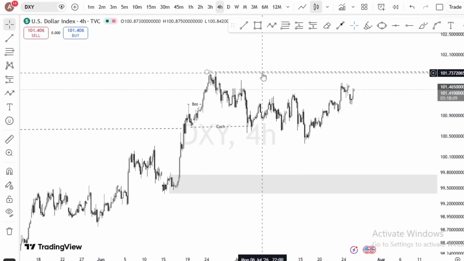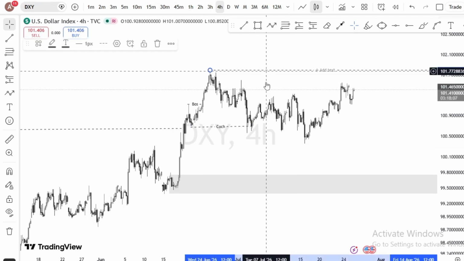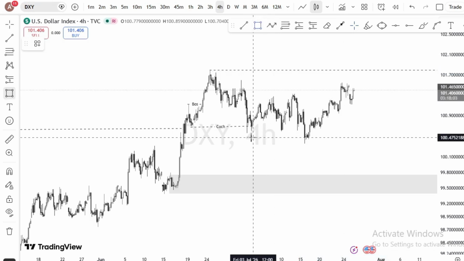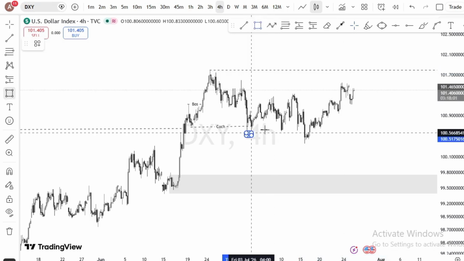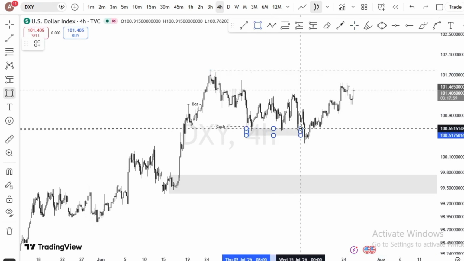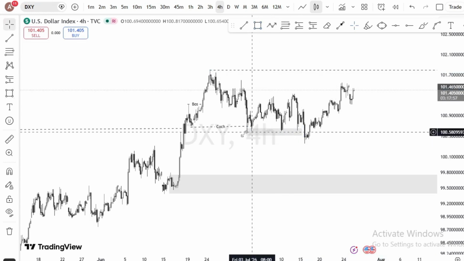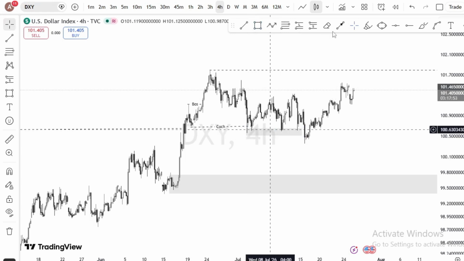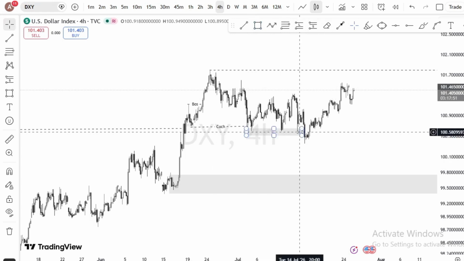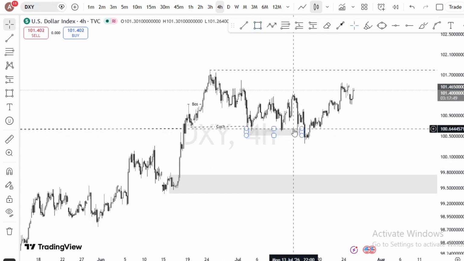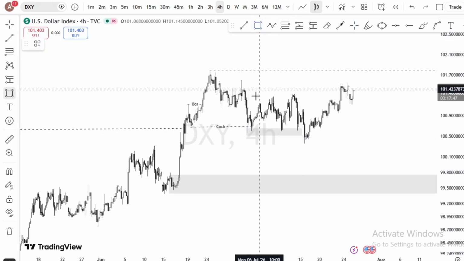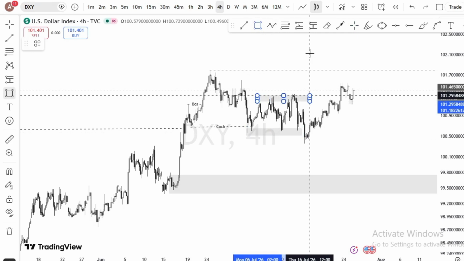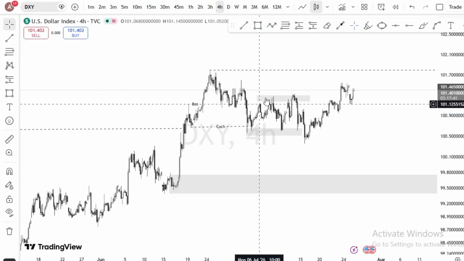If that should be the case, you see that over here after the break of structure we have a level of support right here, because price is repeatedly reversing at this particular area. And right here we have a level of resistance, which means price is in a range at this particular period.